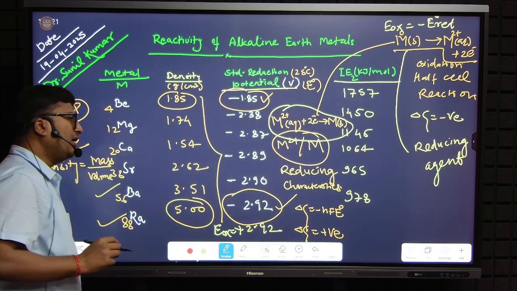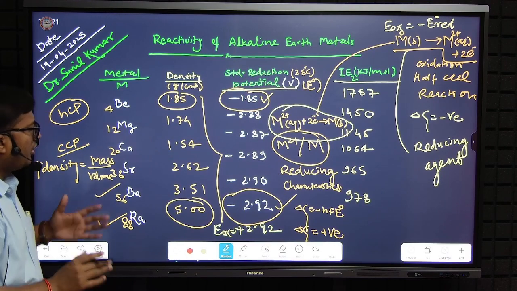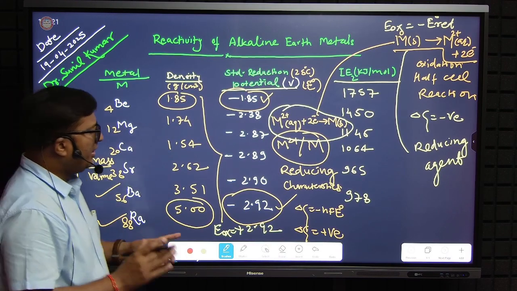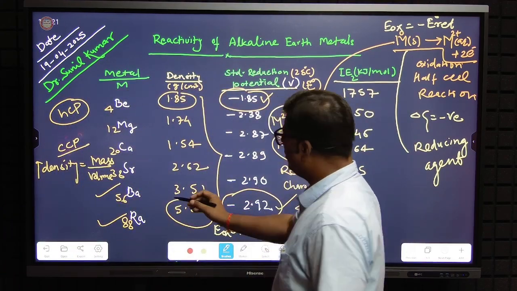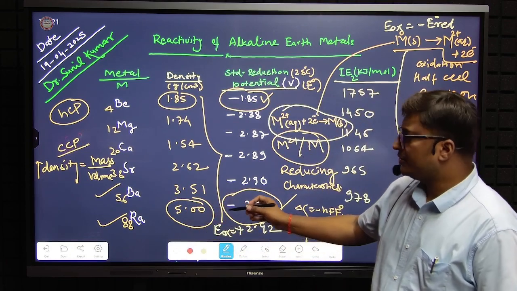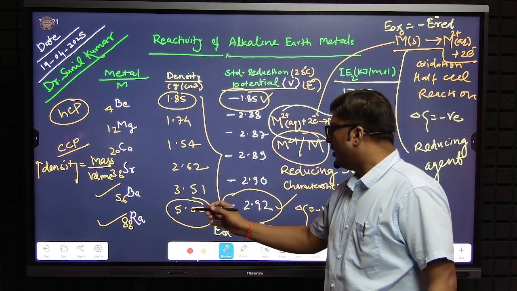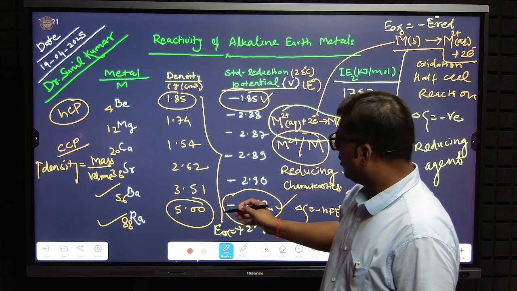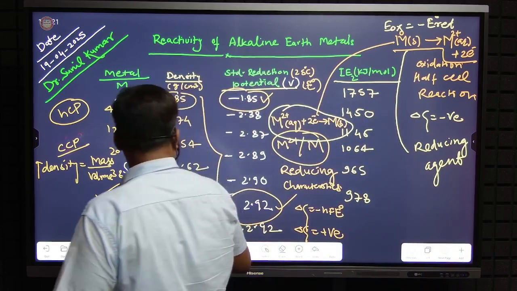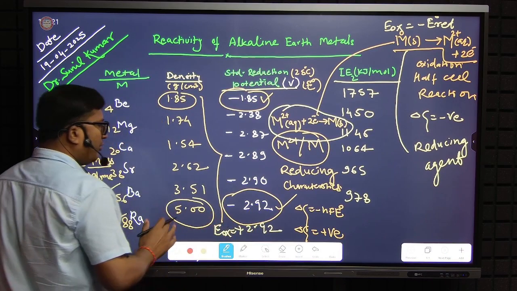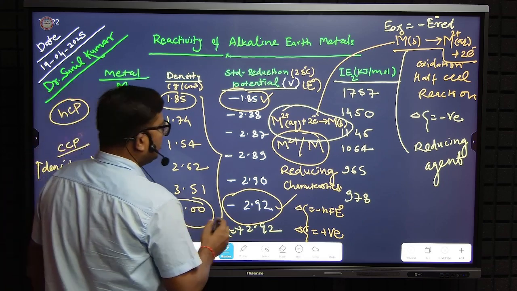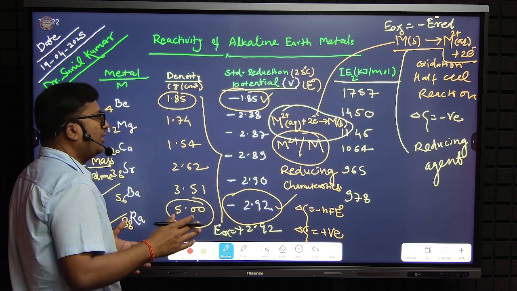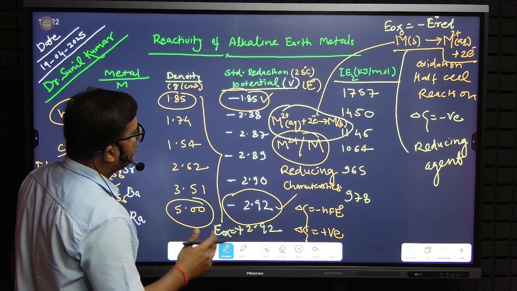So radium is the most important reducing element in this particular group, right? Because of the radioactive characters, they are not naturally used. But apart from radium, which one has the next largest negative value?